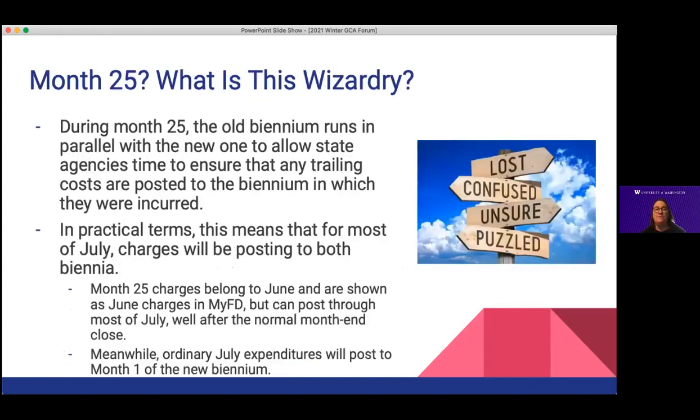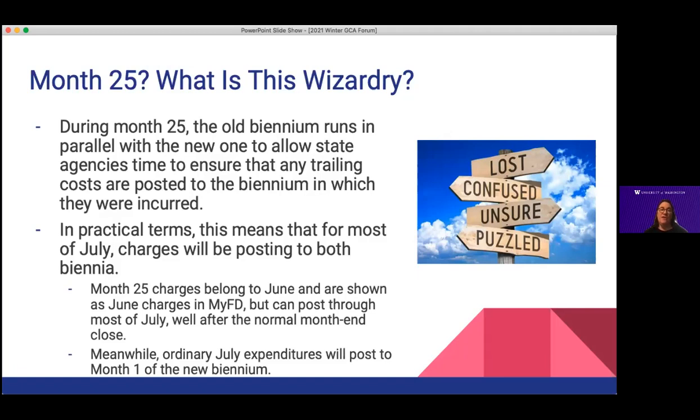Next slide. So, month 25, 2 years, that's 24 months. How do we have a month 25? Well, the month 25 is basically where the old biennium is running in parallel to the new one. And this allows state agencies time to ensure that any trailing costs are posted to the biennium where they were incurred.